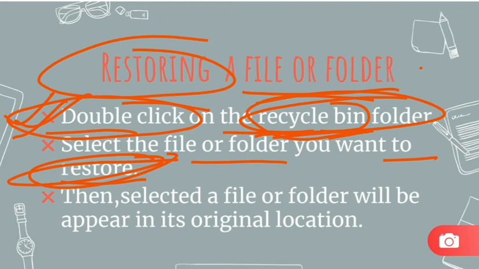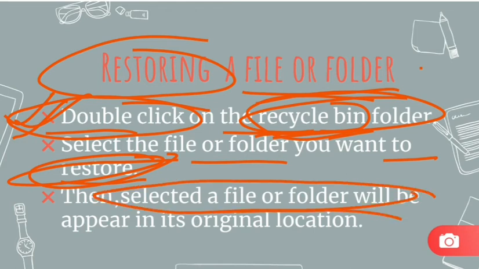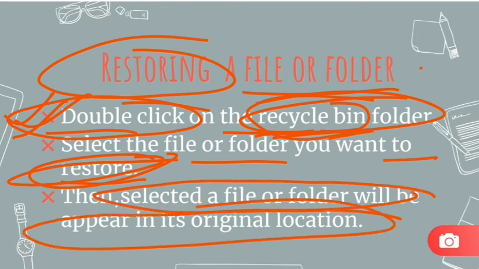Once you have clicked on the restore this item option, the selected file or folder will appear in its original location. So this is the way how we can restore a file or folder.